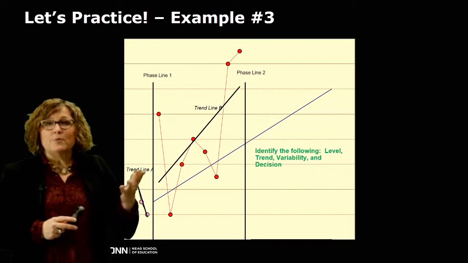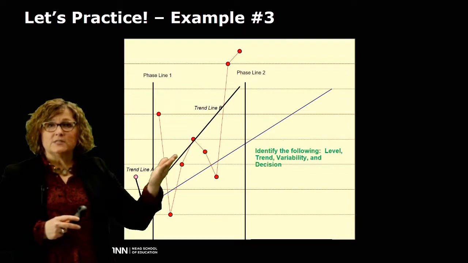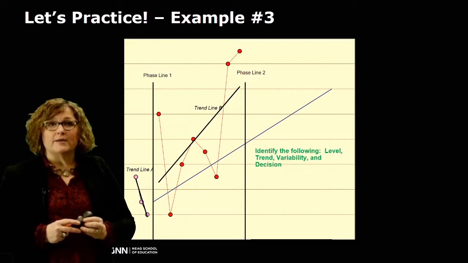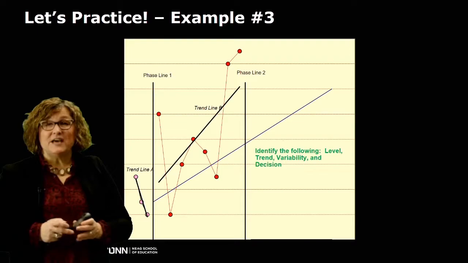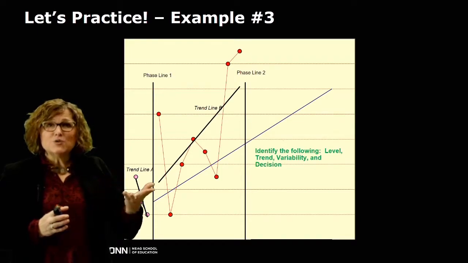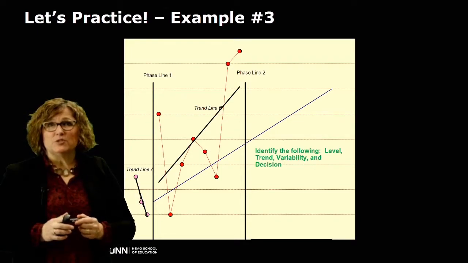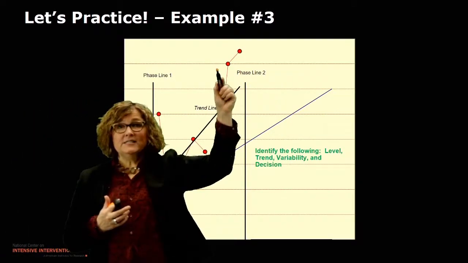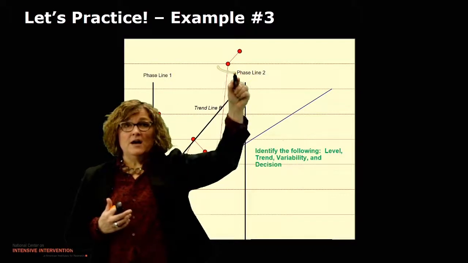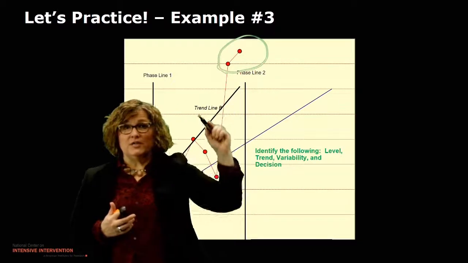Trend would uphold that decision to raise the goal. The trend is clearly above the goal line. However, variability is definitely of concern. What scores did you think were extreme scores? I would say at least these two, those are pretty extreme.